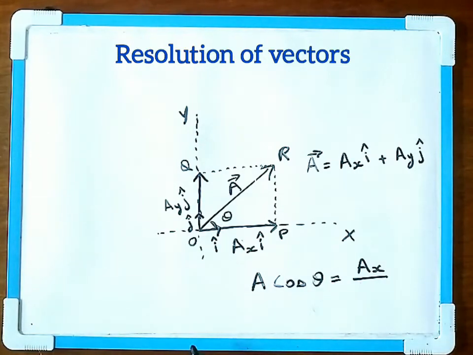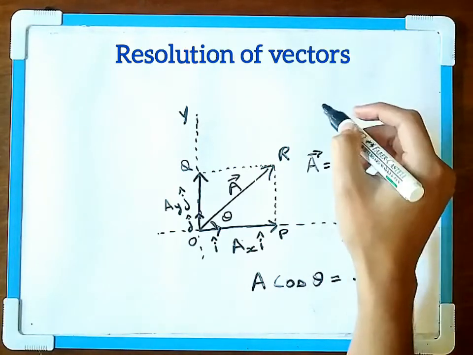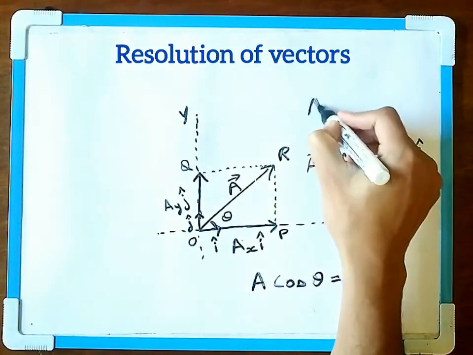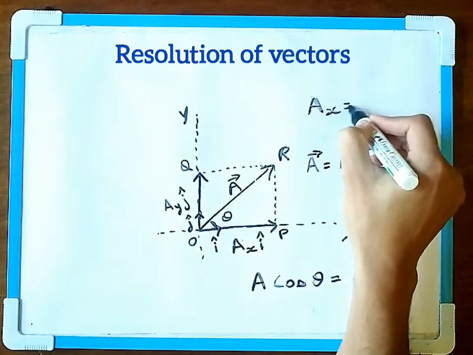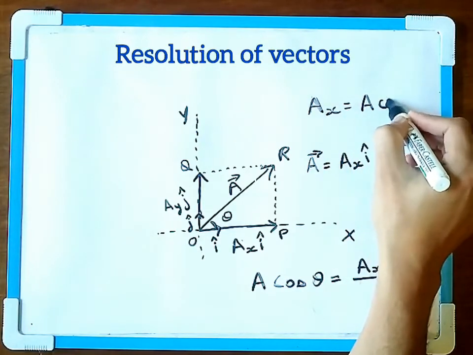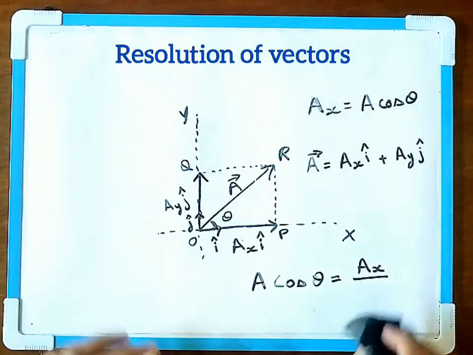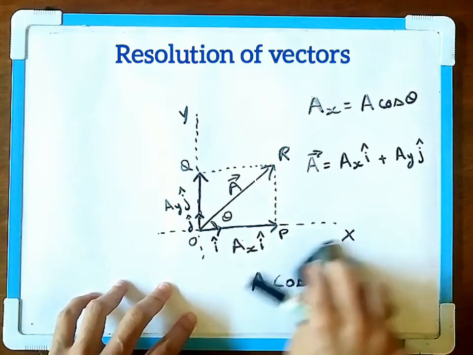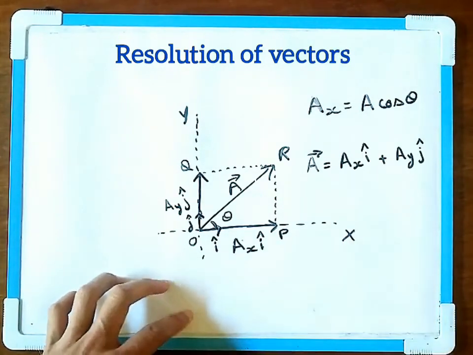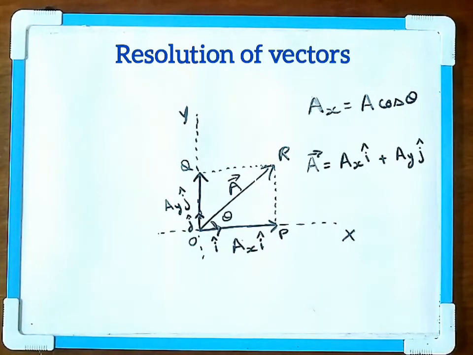So ax is equal to a cos theta. And similarly your ay also can be found by using trigonometry.